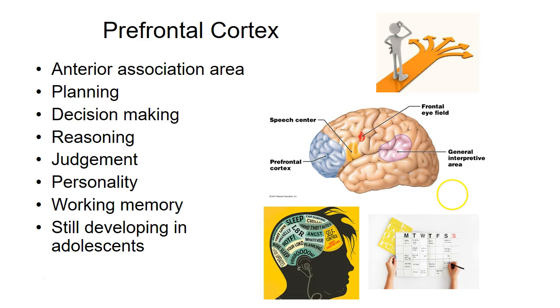Individuals that have this part of their brain affected, what would that look like? Some are going to be looking a little bit hyperactive. It's a possibility. But remember, this is personality and behavior. So someone's personality and behavior would probably be changed.